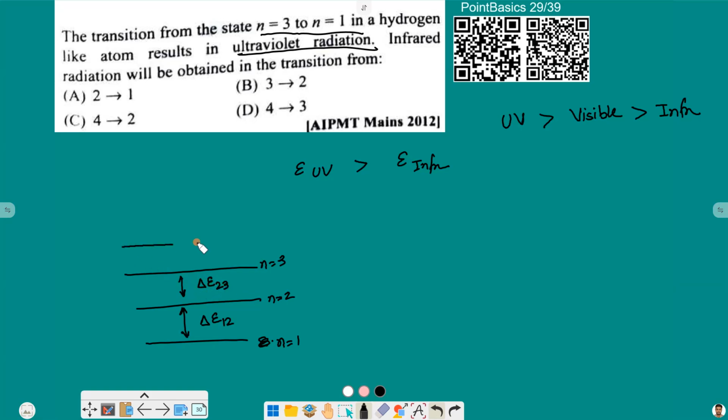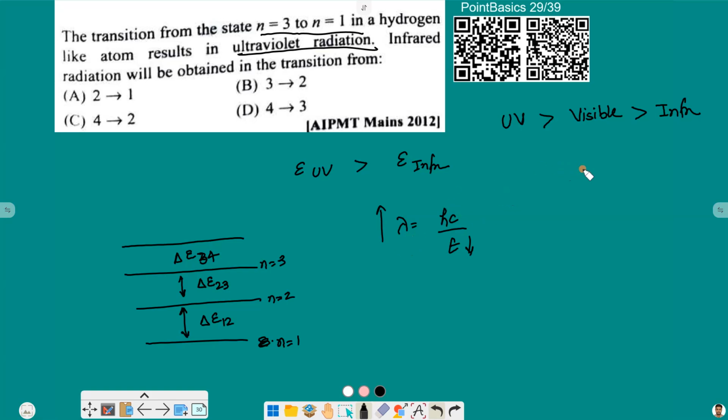Similarly, the difference between the second and third level is greater than the difference between the third and fourth level. So as we move up, the difference between energy levels reduces, and as it reduces, lambda, given by hc by E, increases. As E reduces, lambda increases.